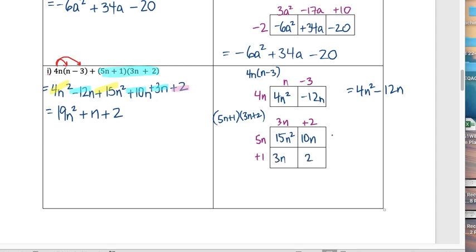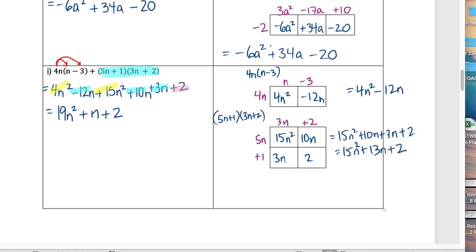Take these out of the box as well. You can see the 10n and 3n are like terms, so let's add those up. Don't forget the square though. So then we get to here.